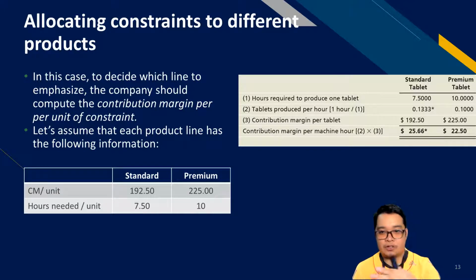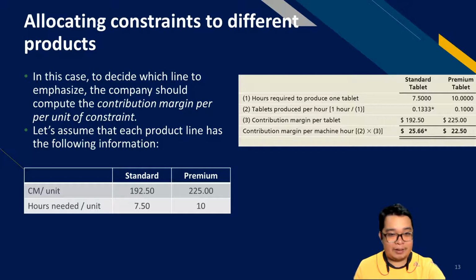So based on this analysis, we conclude that it's more worthwhile to use the machine hours on the standard tablet, right? Because it has a higher contribution margin per machine hour. So if you have a set of constraints, use your machine hours on the standard tablet and produce as much as you can.